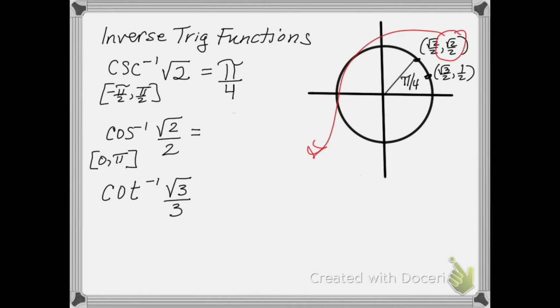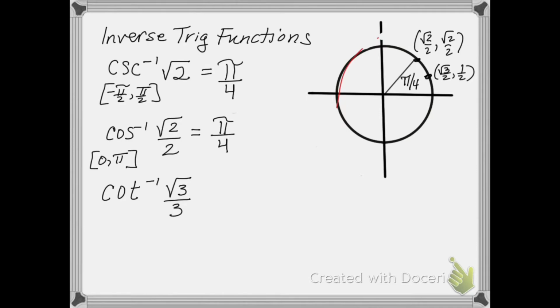So I want the x-coordinate of rad2 over 2, and that'll be up here as well. It's kind of the same position. Just got to erase that. Okay, so that's going to be here at rad2 over 2, which is at pi over 4. So the inverse cosine of rad2 over 2 is also pi over 4.